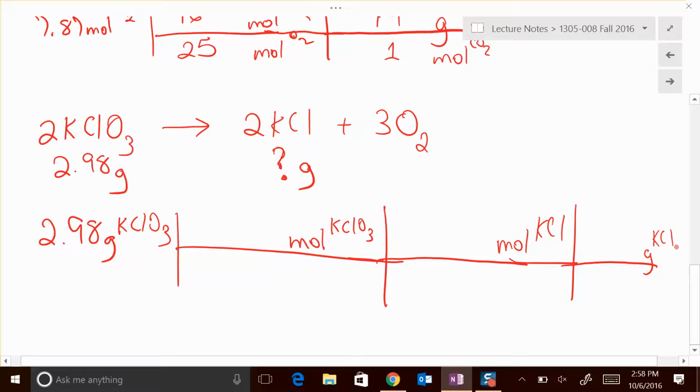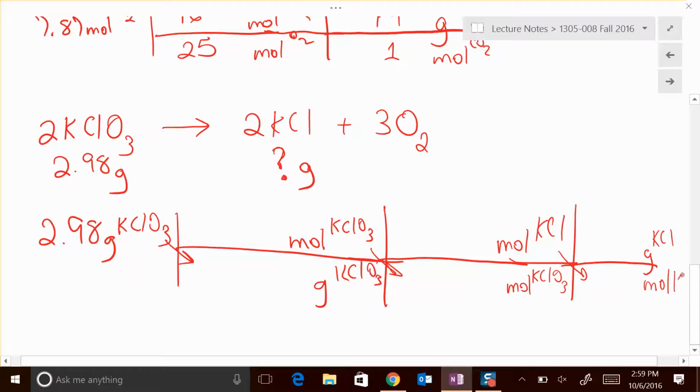If you write the process along the top, then you know exactly what needs to go underneath, because all the units will drop. So what units go down here? Grams of KClO3. What units go down here? Moles of KClO3. What units go down here?